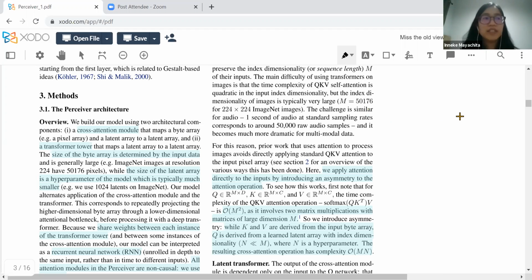So imagine when we scale up the input from 10 words to 1,000, then the complexity becomes a squared operation. So it's a quadratic operation, and that becomes a huge problem if we want to use a transformer in vision.